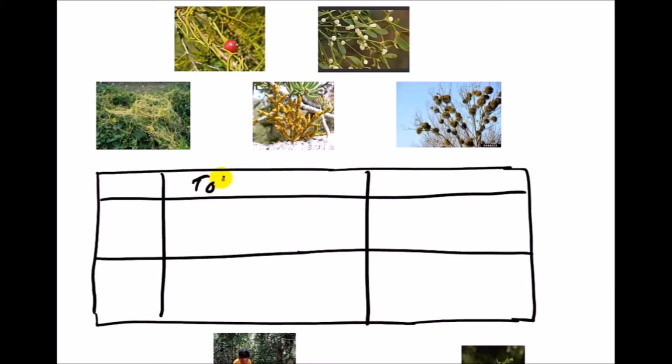So in this column we'll write the examples of total parasites, and in this column we'll write the examples of angiosperms which are partial parasites. Here in this row we'll write the examples of stem parasites, and in this row we'll write the examples of root parasites. Now the examples.